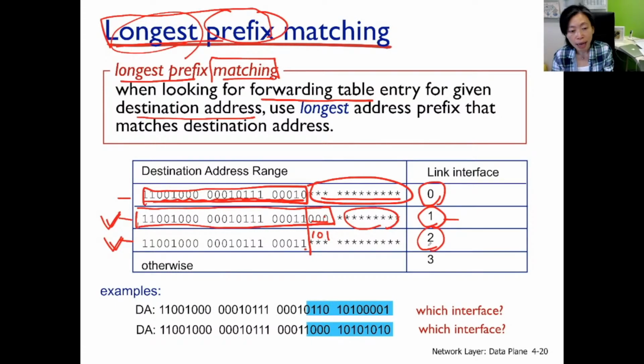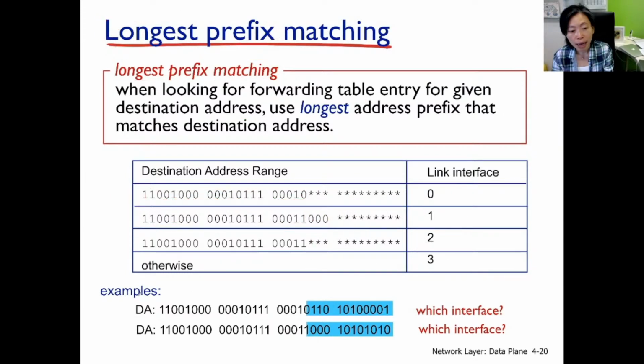So let's exercise a little bit. If we get a packet with this destination address, what should be the output interface? Let's see. The first 8 bits match. In fact, for all these 3 entries, the first 20 bits are all the same. These 2 destination addresses also have the same first 20 bits.